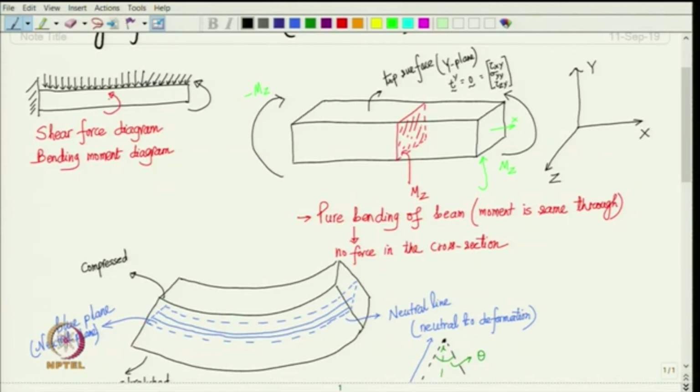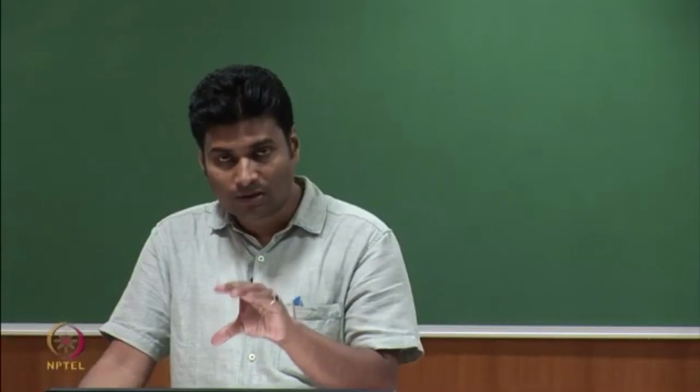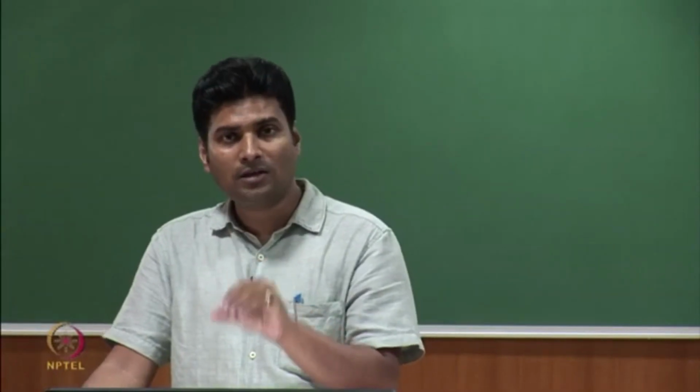So, on the top surface, none of these three components are there. So, sigma y y is 0, and since it is allowed to relax freely, we can also say that at any point within the beam, sigma y y is 0. So, that is an approximation. You see, to be rigorous, sigma y y is 0 only on the top surface, but we are approximating here that it is 0 even within the beam. So, at any point in the cross section sigma y y is 0.